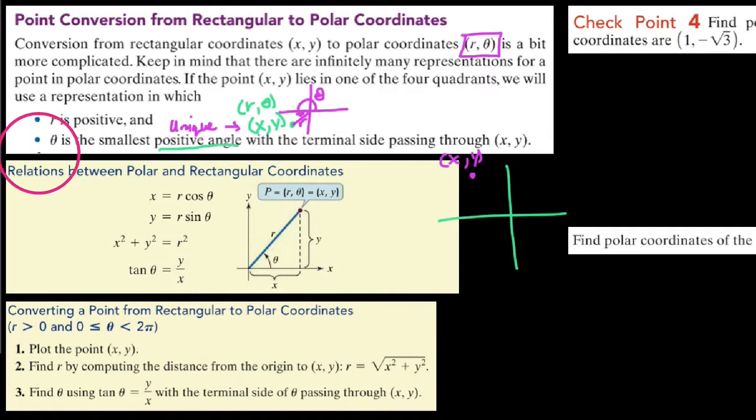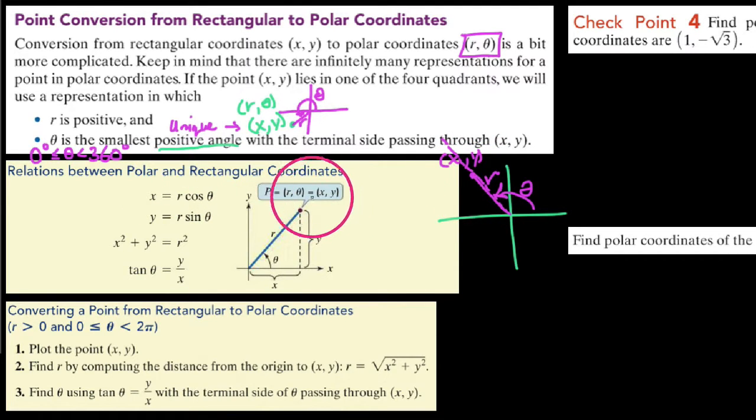So we could also write that our angle is going to be between and including 0 degrees, so here's theta, and less than 360, because if we're at 360, we'll just say 0 instead. Basically, we're going to choose a positive angle between 0 and 360 that passes its terminal side through this point xy. In this particular case, our angle would just be this theta right there. And our r value, we're going to assume that r is positive, so we're going to walk in the direction that theta is proceeding.